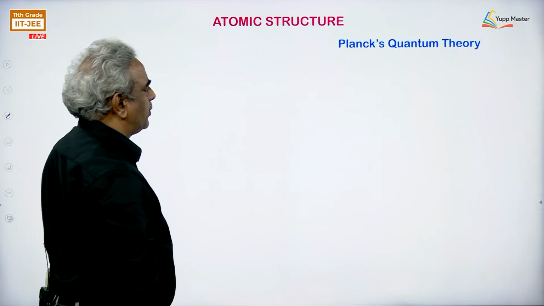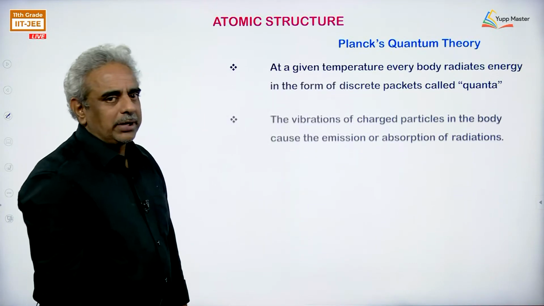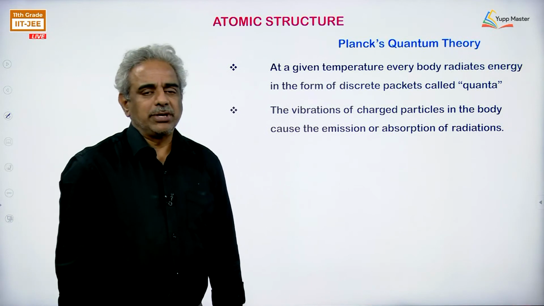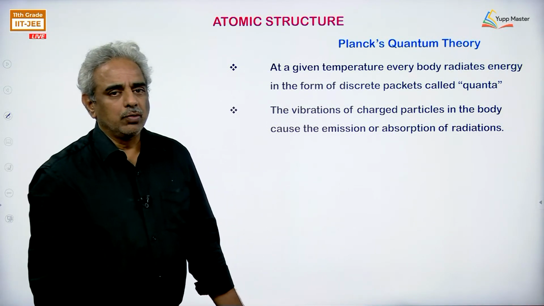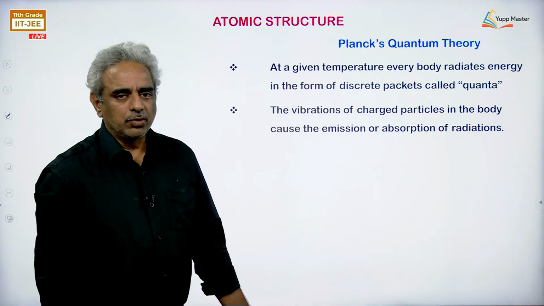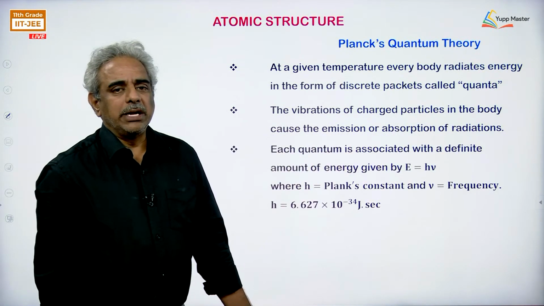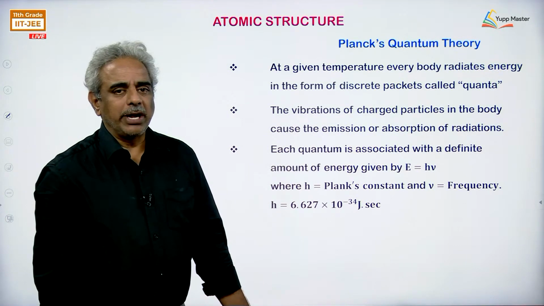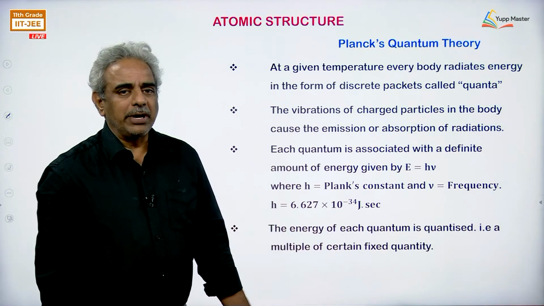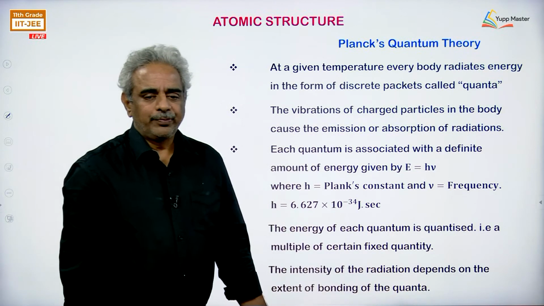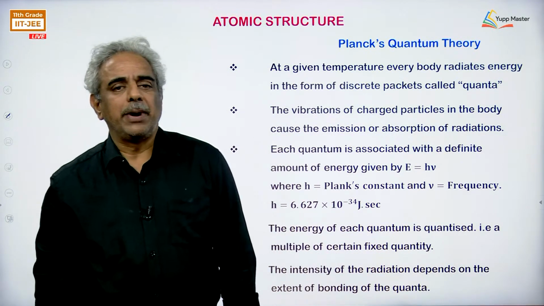Then we appreciated the postulates of quantum theory. Every body undergoes vibrations of the internal particles, due to which radiations would come. Radiations would come in the form of packets. Packets are called quanta, and each quantum is associated with E is equal to h nu. There can be bundling of energies called quantization. The intensity depends on bundling.